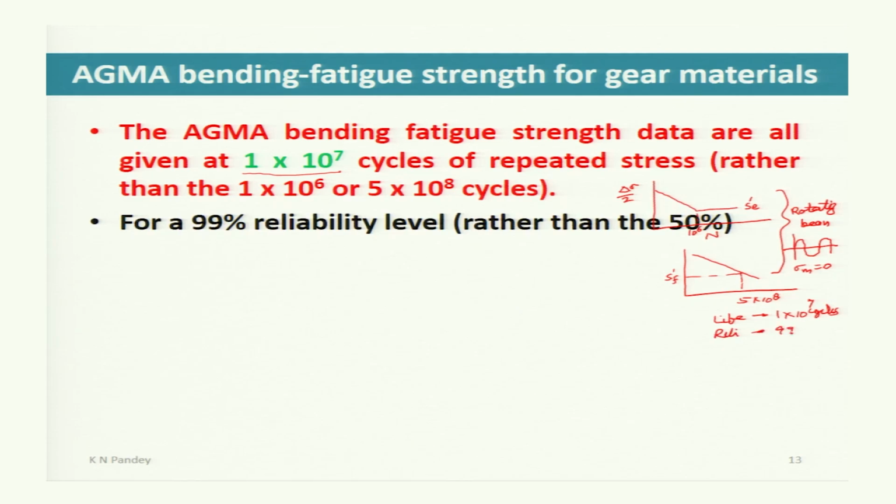If we remember the reliability of this Se dash data, then it was 50%. For Se dash, the reliability is 50%. So whatever data for Se dash and Sf dash is there, the reliability is 50%. But AGMA has given data for gear materials for 99% reliability. So reliability is 99%, life is 1 into 10 to the power 7 number of cycles, and the temperature is the room temperature.